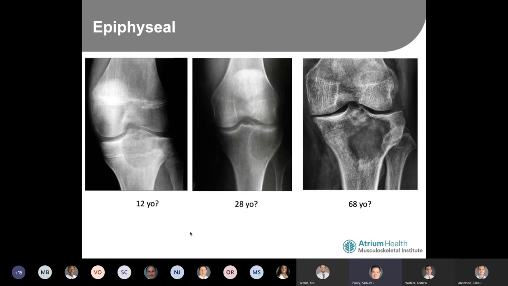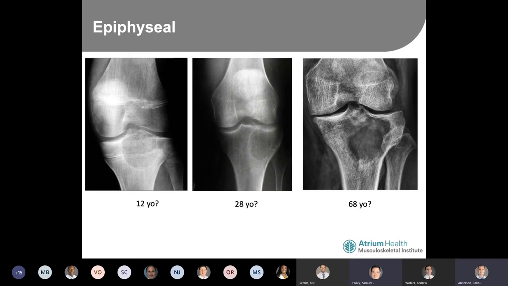And you said this is a 12-year-old, so you're using your age to also determine your differential. In terms of its location, it seems geographic, pretty well circumscribed. In terms of what the bone's doing to it, it doesn't have a very dense sclerotic border, but it does have a well-defined border. Good.